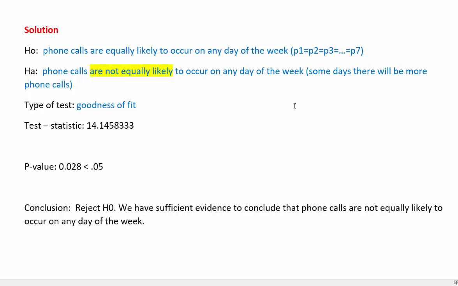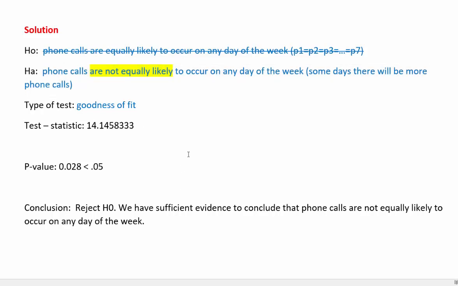Okay. We reject this statement right here. We reject this one. Okay, if you want to go ahead and cross it over. We reject this one. We have sufficient evidence to support this hypothesis right here.